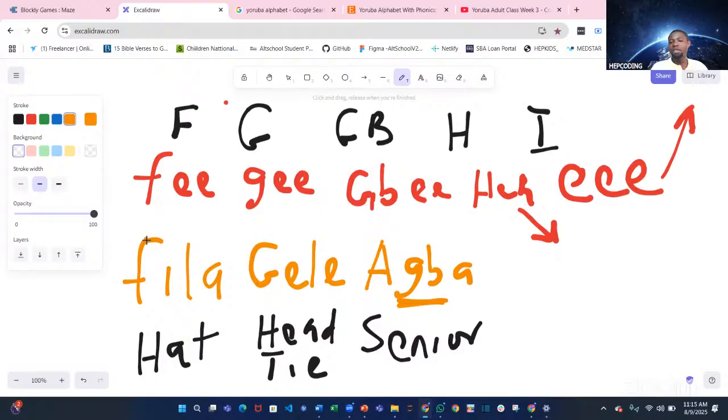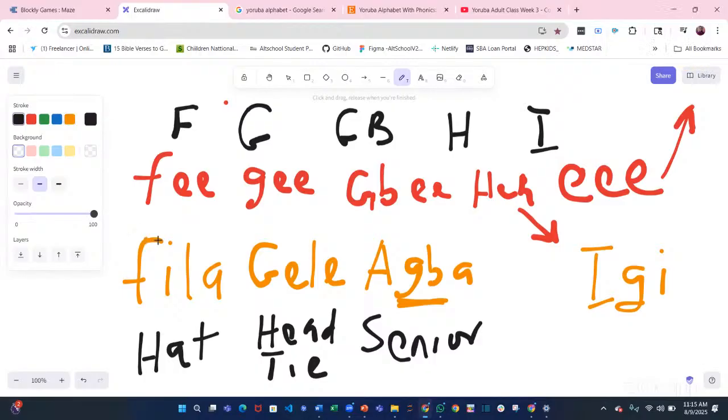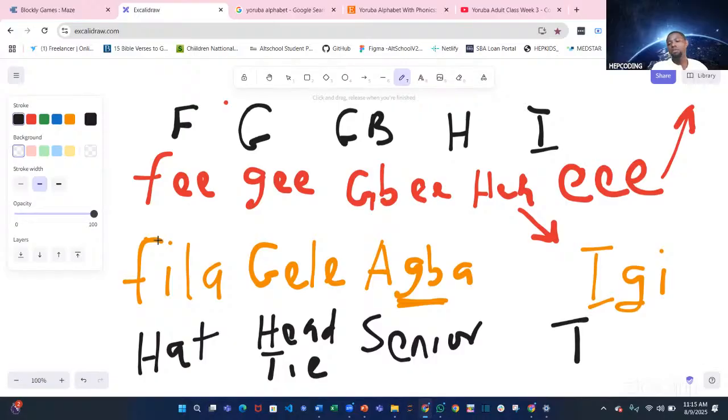But let's look at this. Igi. What do you think Igi is? I don't know what Iggy is. Igi is tree. Tree. Okay. So fila, gele, agba, Igi.